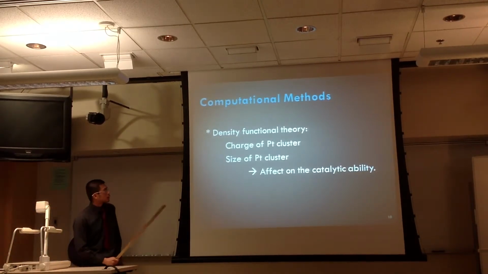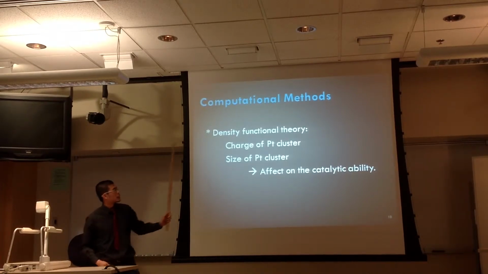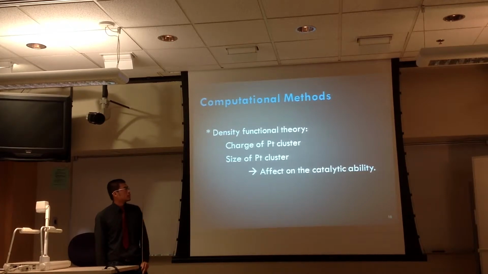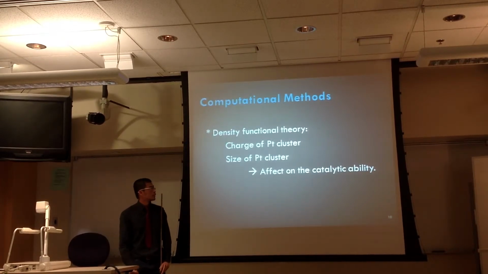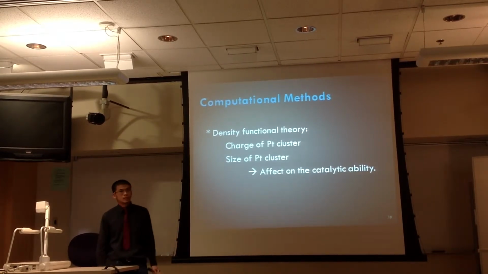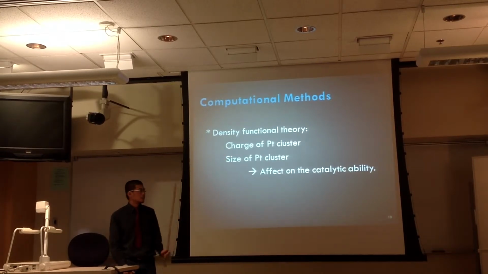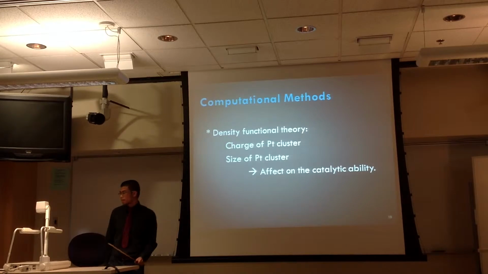So they use density functional theory to determine the charge of the Pt cluster and the size of the Pt cluster, because those two characteristics have a big effect on the catalytic ability.